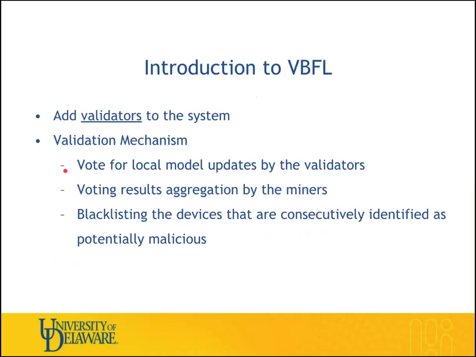The first part is a voting action for local model updates by the validators based on a model validating mechanism. The second part is the voting results aggregation by the miners in the network. The third part is the blacklisting action of the devices that have been identified as potentially malicious by the aggregated voting results for a pre-agreed number of consecutive communication rounds. And the details will be covered later.